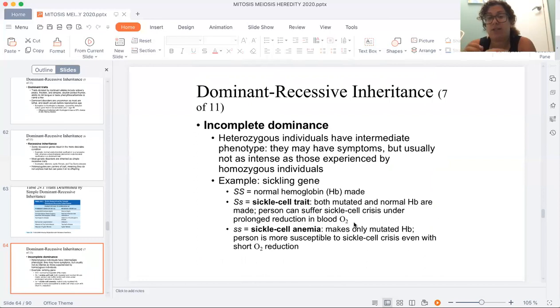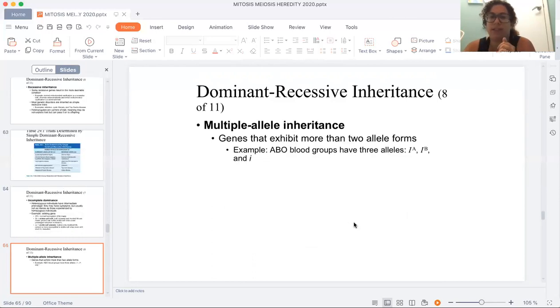So when someone has big S, or uppercase S, they have normal hemoglobin. Sometimes they have an incomplete dominance of sickle cell, which means that they may not show symptoms unless something causes them to have a sickle cell crisis. And then we have the little s, which means the recessive trait is there, and it only makes this mutated hemoglobin, and they're much more susceptible to the disease.